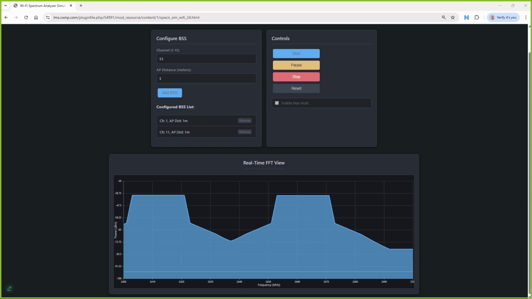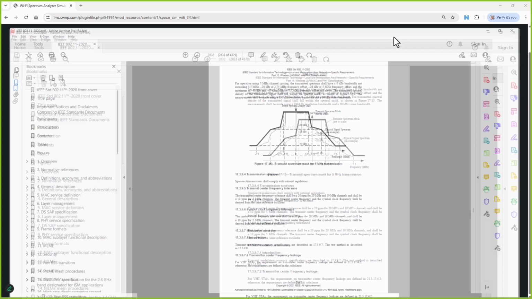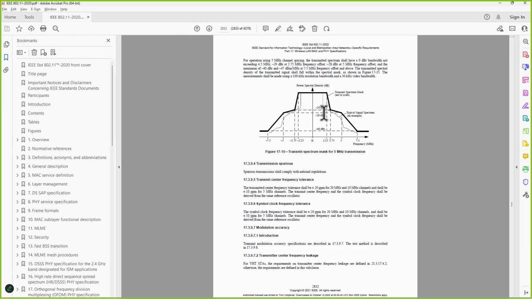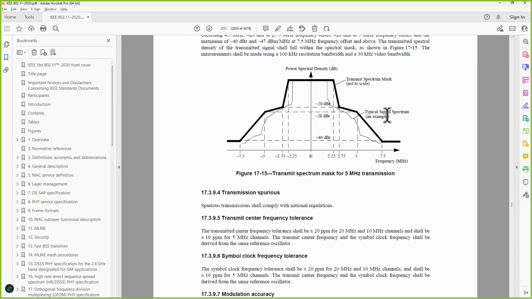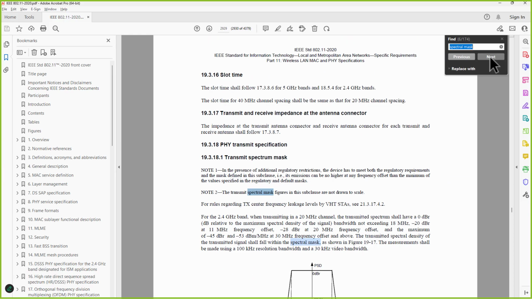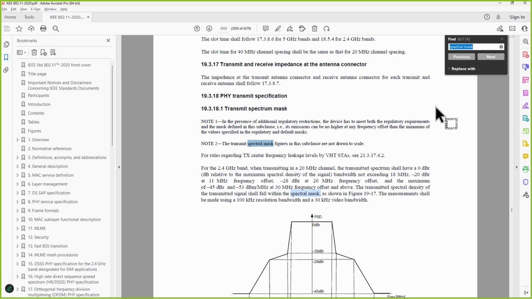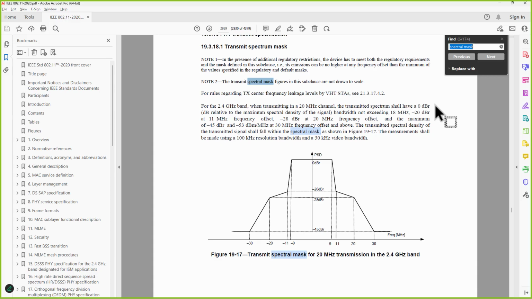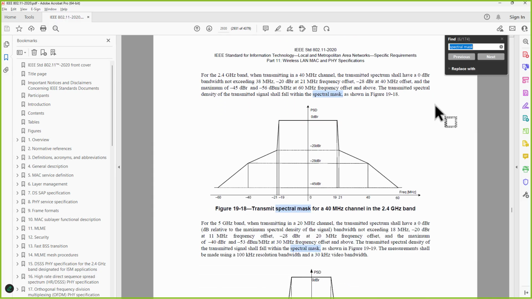So if we take a look at the standard, here we're seeing, now that happens to be for 5 megahertz. Let's move forward a bit here. Okay, so here's a 20 megahertz spectrum mask.